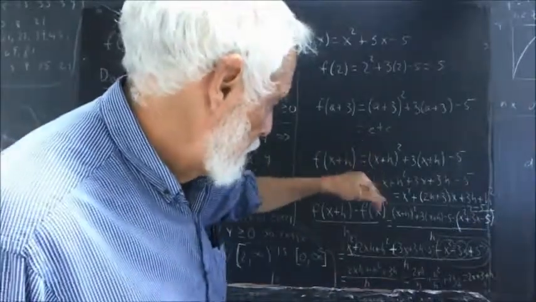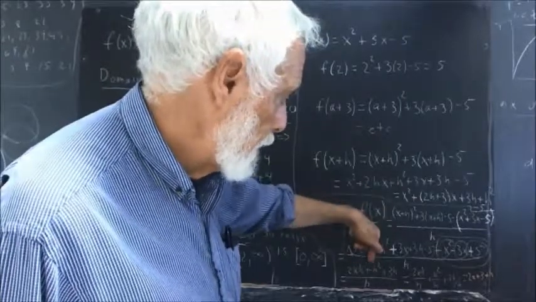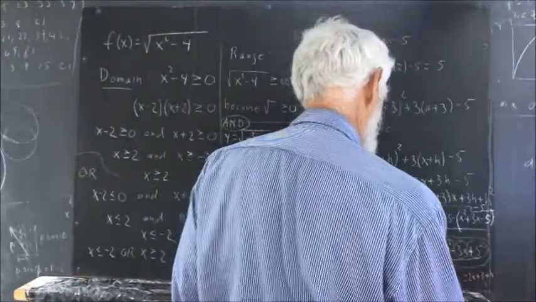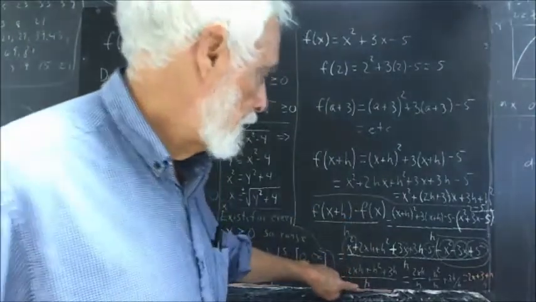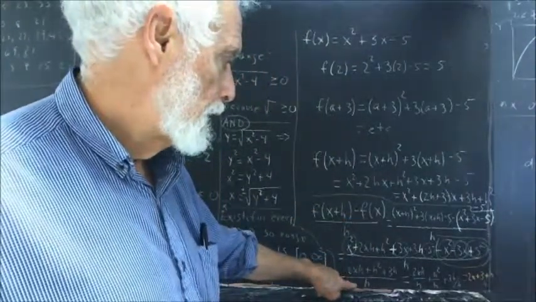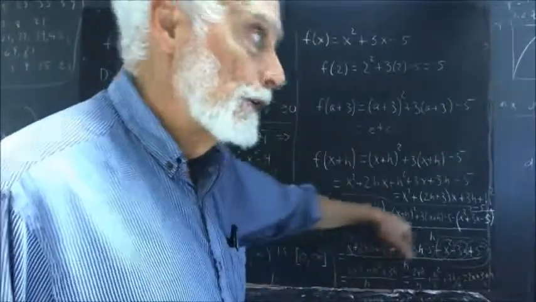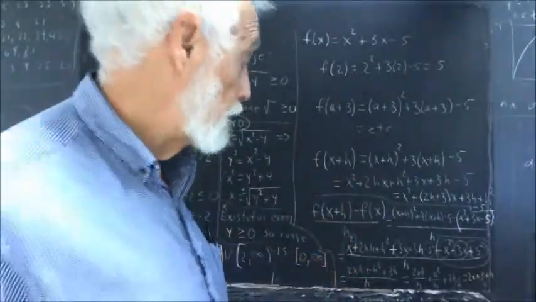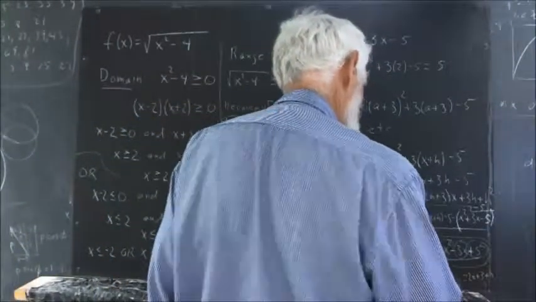Okay, then what are we left with? We're left with this term, the 2xh, this term, the h squared, and this term, the 3h, which is maybe a little hard to read again because of the circling. And that's all divided by h. Well, when we divide by h, the division by h distributes over the addition, because division by h is just like multiplication by 1 over h, and that would distribute, so certainly the division by h distributes for that reason.